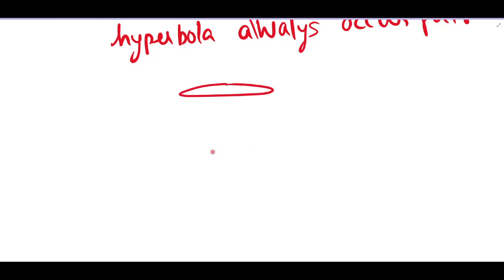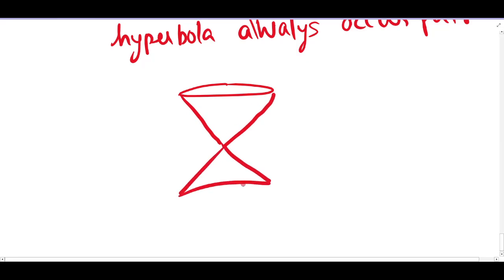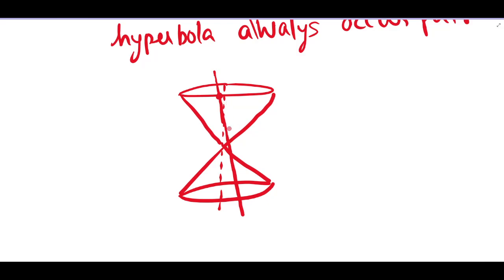So this is one cone, and we have beta less than alpha, so this is the vertical axis. So the plane will cut the upper cone and the lower cone, so we get two hyperbolas.